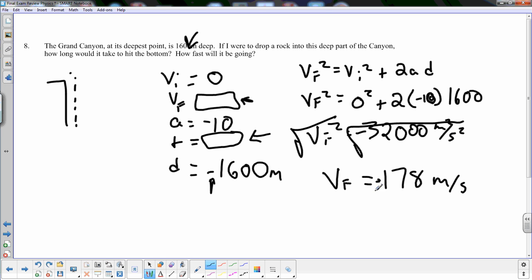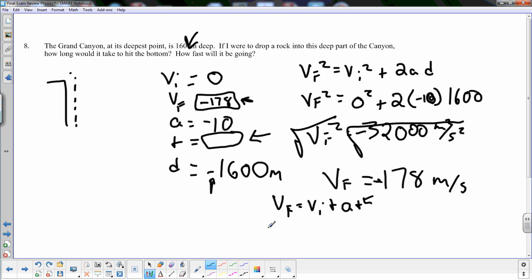The other thing we can do is time. Well, how long does it take to go from 0 to negative 178 with an acceleration of negative 10? That's not terribly hard. Vf equals Vi plus At. Solve for the time. Negative 178 equals 0 plus negative 10t.